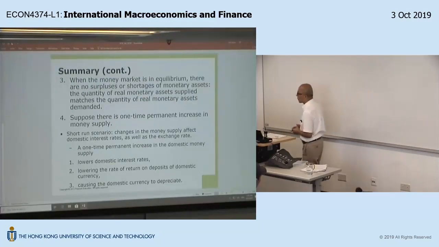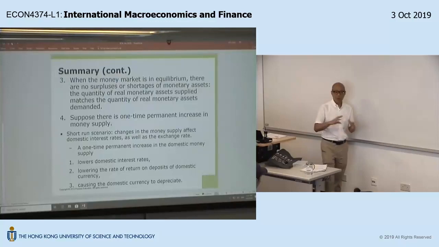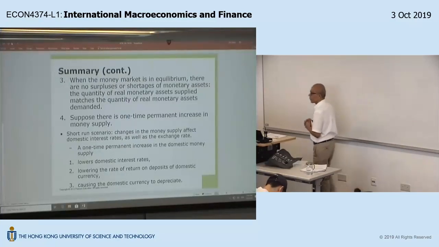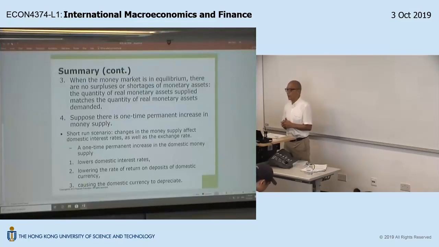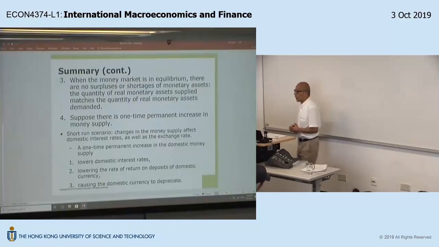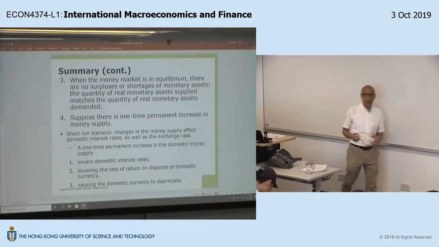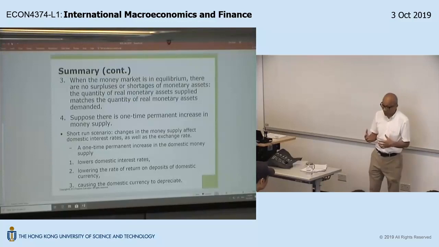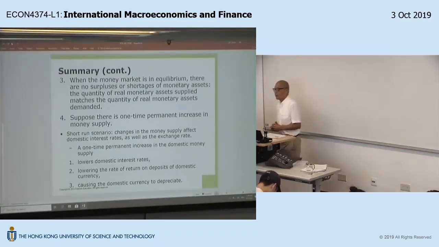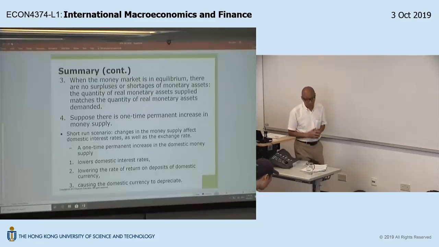Precisely because there is a trade-off between liquidity and interest. When the interest rate is higher, people are willing to sacrifice more liquidity, and therefore they hold less money, right?